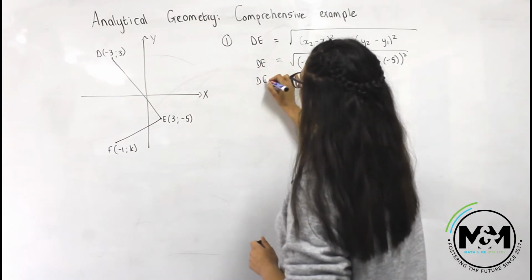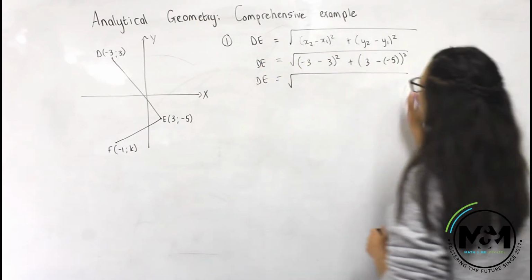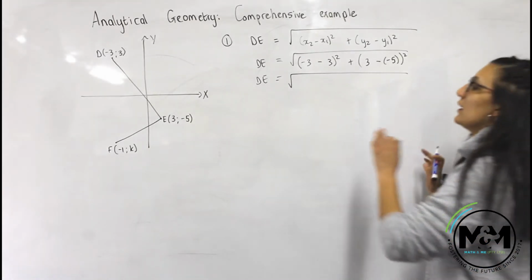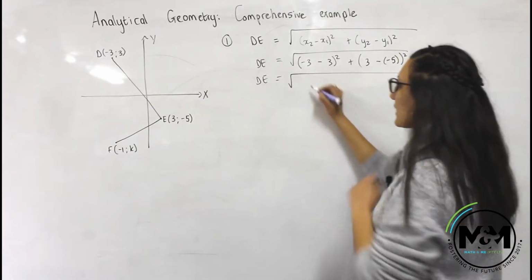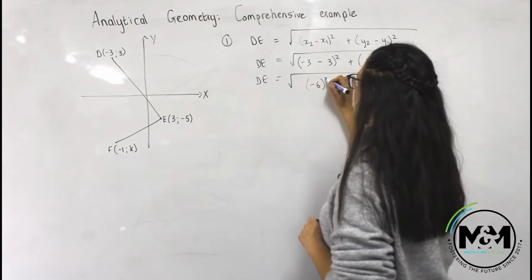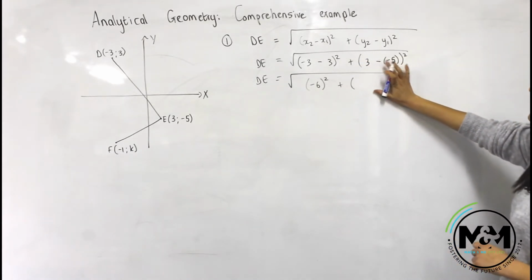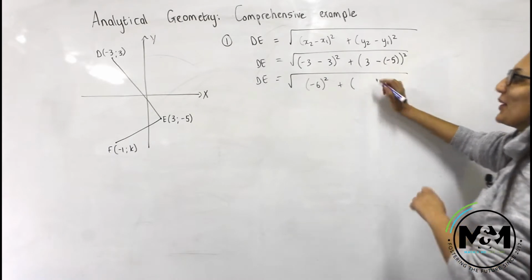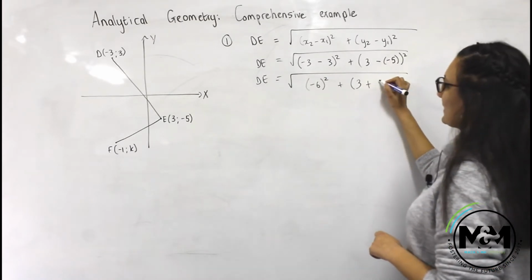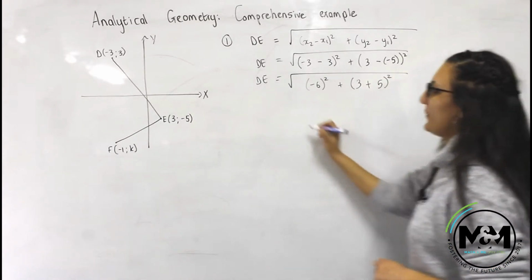So DE is equal to, now we're just going to simplify underneath the square root sign. Negative 3 minus 3 gives me negative 6 squared plus, a negative times a negative is a positive, so it's 3 plus 5 squared.